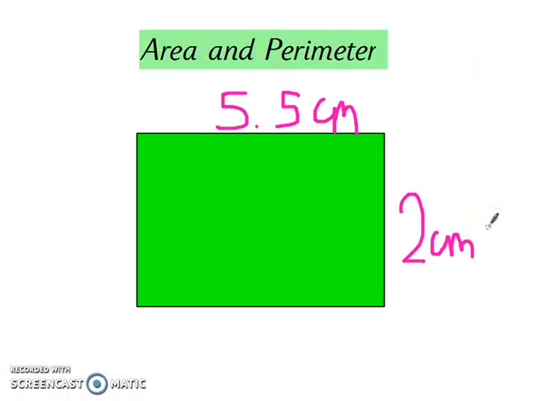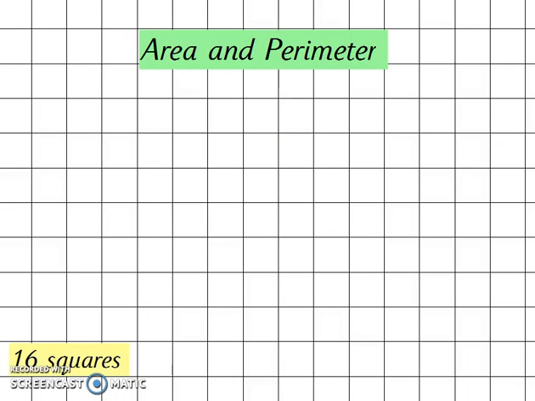Okay, the next thing that you're going to need to be able to do is have a practice yourself. Oh no, there is one more thing. Sorry, my apologies. So what happens if they ask you to build a 2D shape and all they've done is give you the area? For example, a question might be, can you create a rectangle that has 16 squares inside?